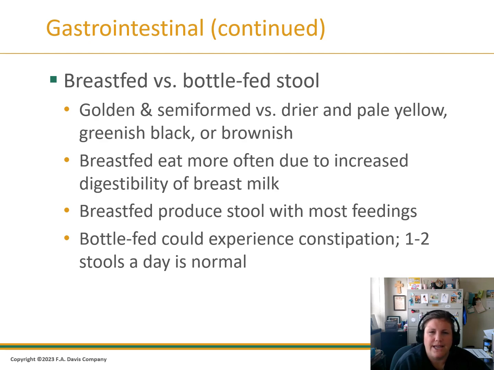They're typically going to have drier, more pale yellow to green, even black or brown stools when they poop. Breastfed babies are going to eat more frequently because the breast milk is more easily digested, and so they empty it faster, they get hungry again sooner.